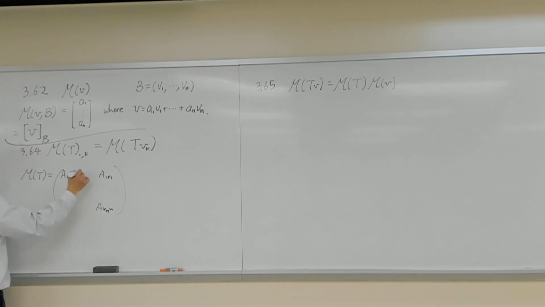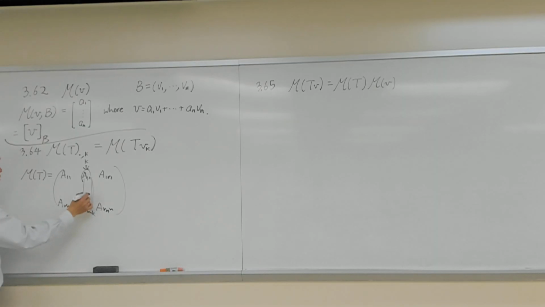If I want the kth column vector, tell me what's at the top. What's the first element of the kth column vector? A1k, good. And the last one is Amk, right?